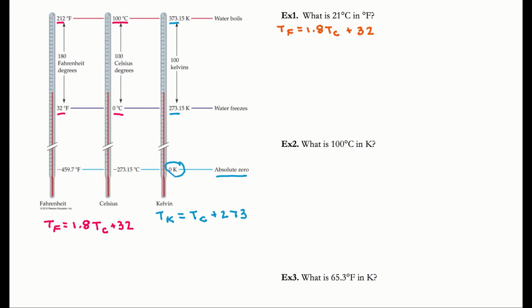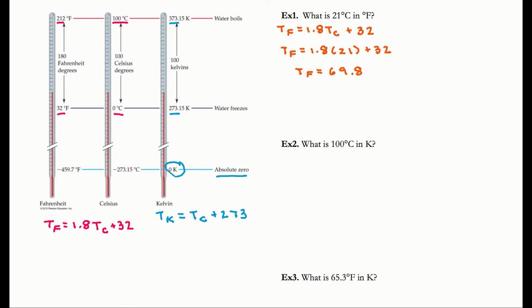Okay, let's plug in the value that I know. I know my temperature of Celsius is 21, so my temperature in Fahrenheit equals 1.8 times 21 plus 32. So when I plug that into my calculator, the answer I get for Fahrenheit is 69.8.